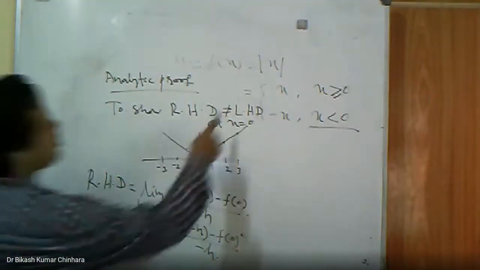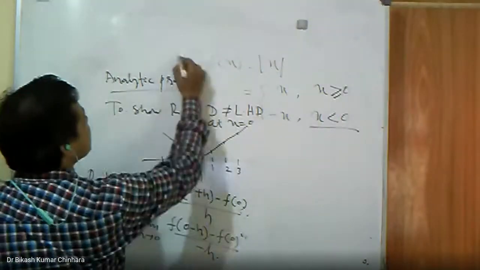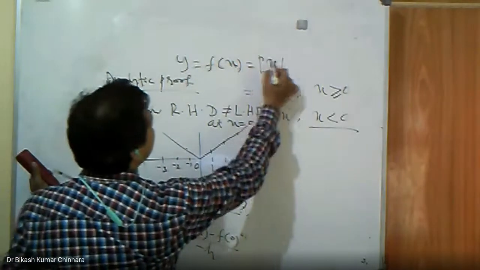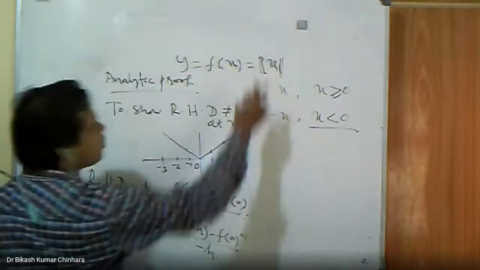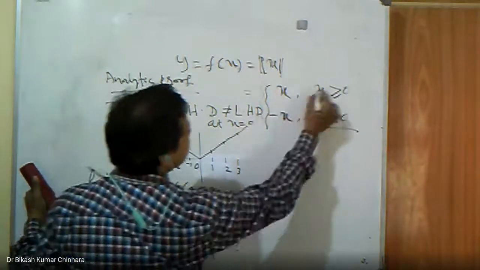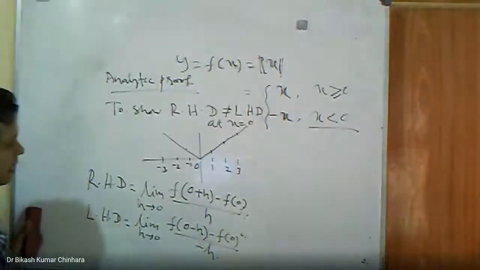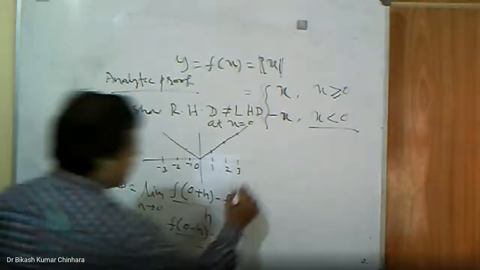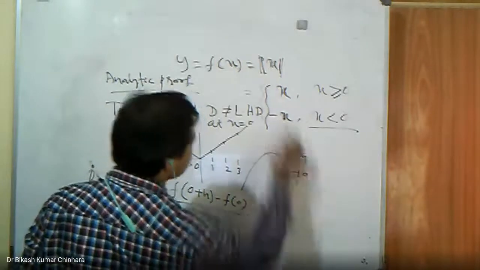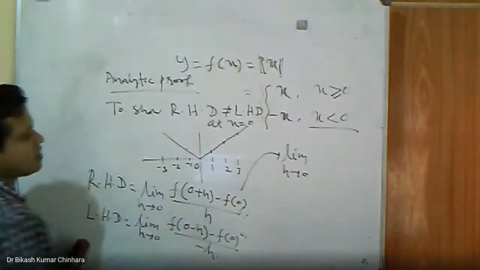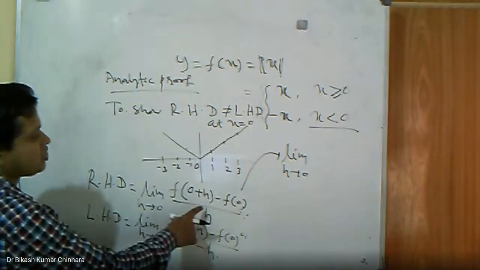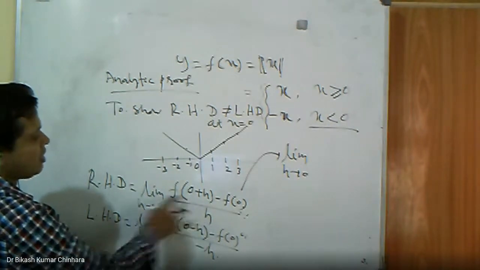So your f is defined like this. F of x is equal to modulus of x. So if I am writing modulus of x explicitly, its meaning is like this. Then how can I write this? You have to use the function. F of 0 plus h means what? 0 plus h, so h is a positive quantity.